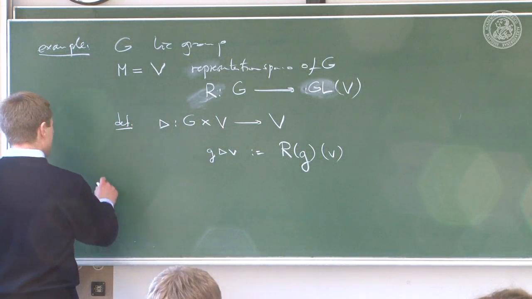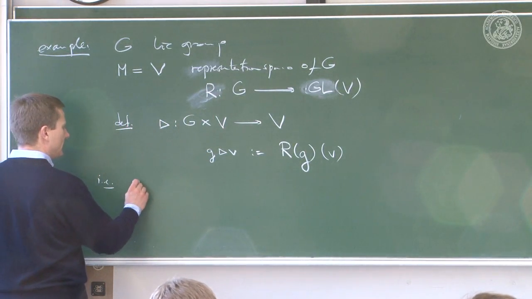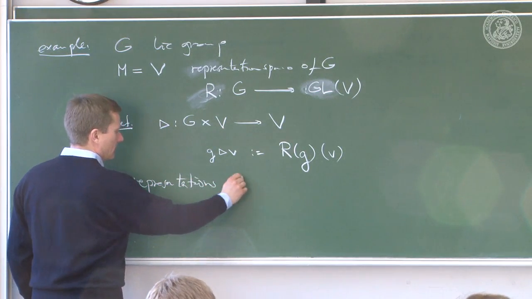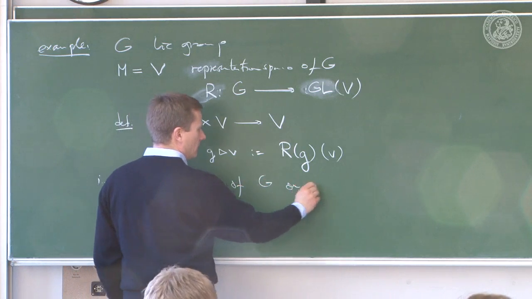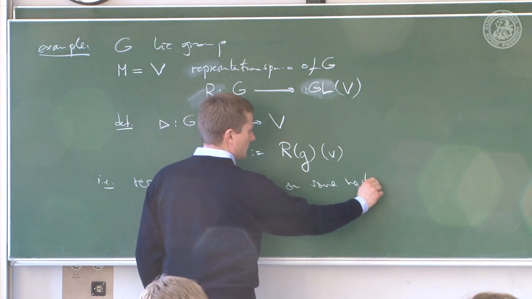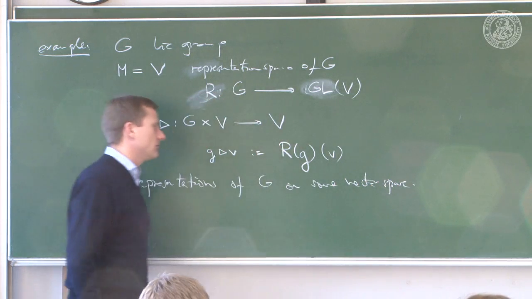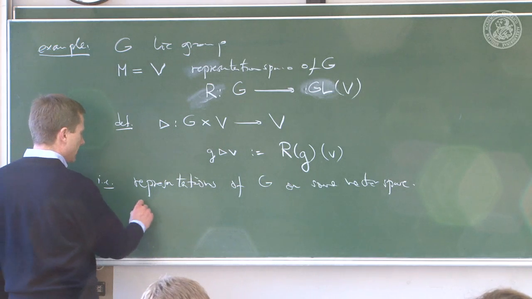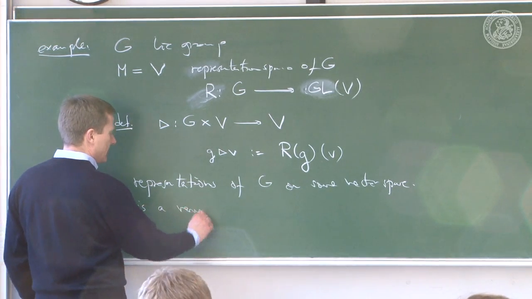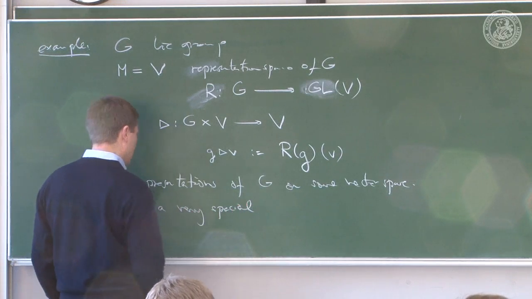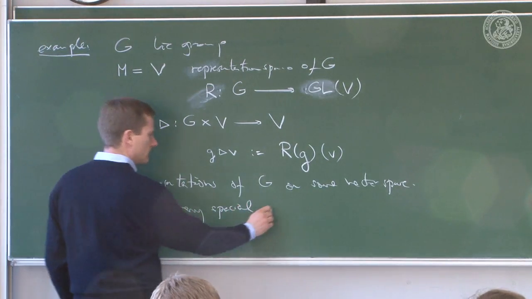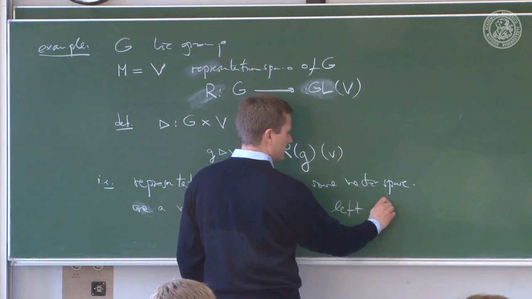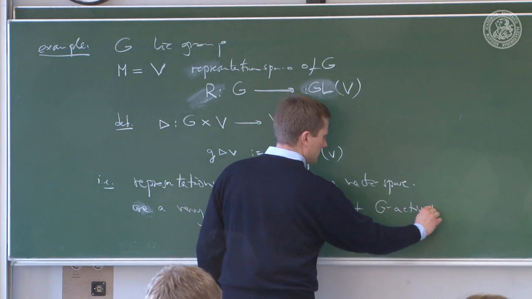So that is, representations of G on some vector space, like you usually find it in physics, in the introductory lectures, is a very special case of left actions, left G actions.